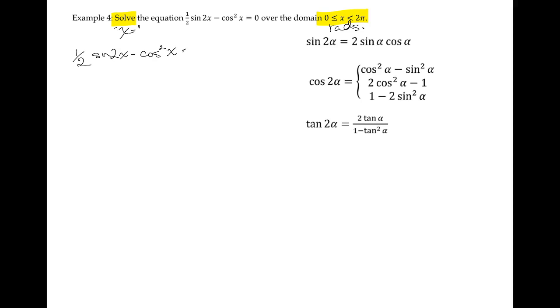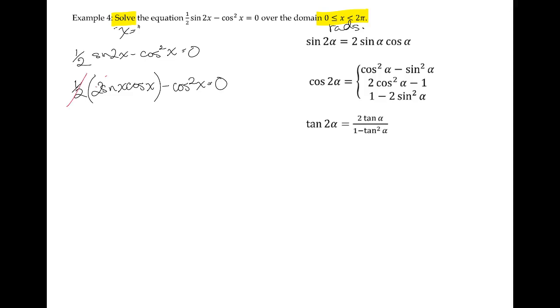So again, it's sine double angle, which means I only have one option to choose from, and so I'm going to use that. 2 sine x cos x minus cos squared x equals 0.